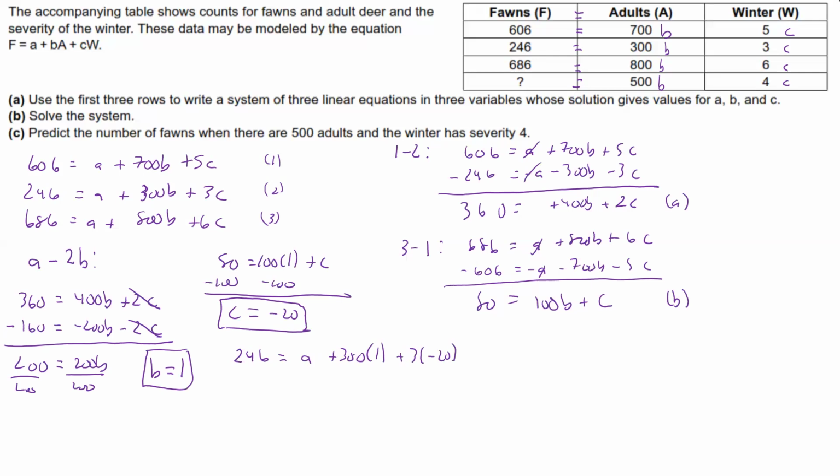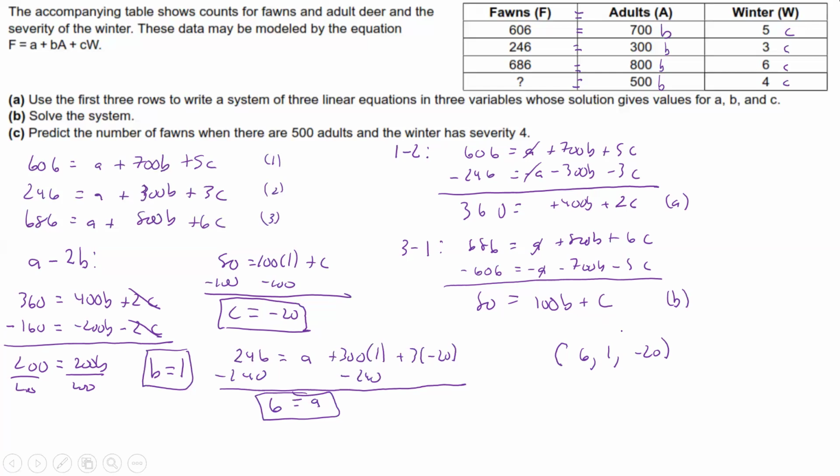So that gives me 300 minus 60, so that's going to be 240. If I subtract 240 from both sides, I get A equals 6. So I get the ordered triple A, which is 6, B, which is 1, C, which is negative 20. That's what I'm saying the solution is.